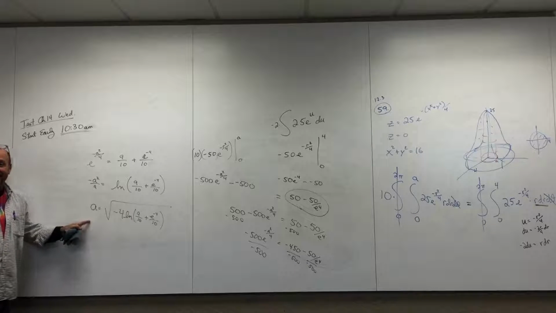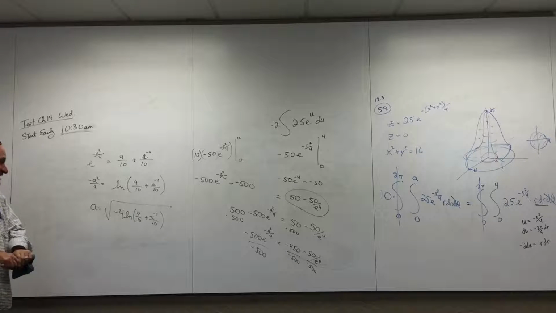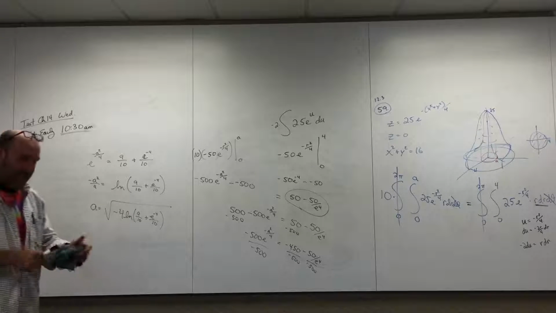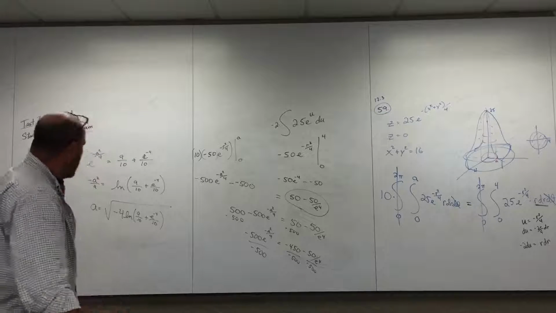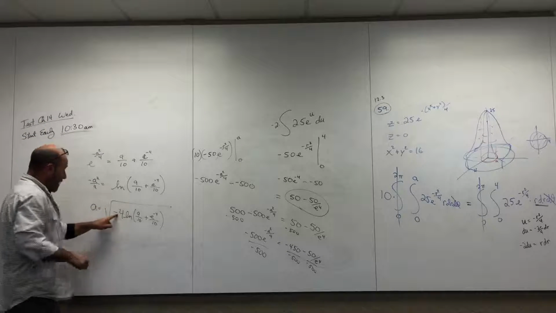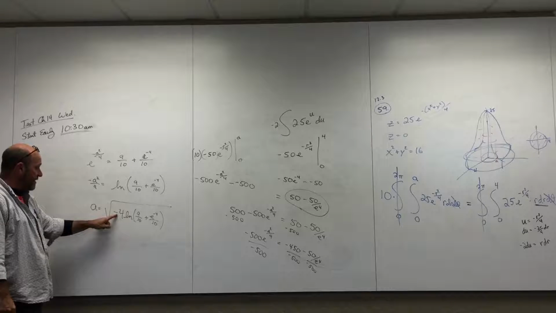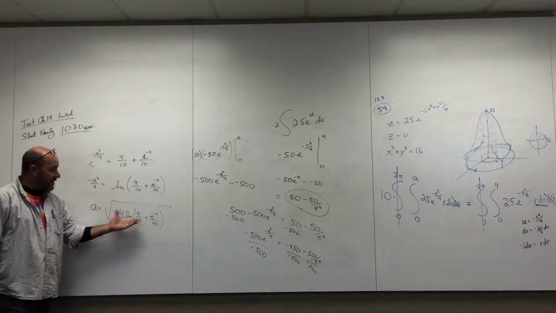The ln of (9 plus e to the negative 4) over 10 is negative, and then it's multiplied by a negative 4, which makes it positive.